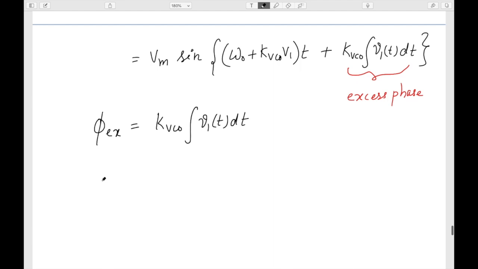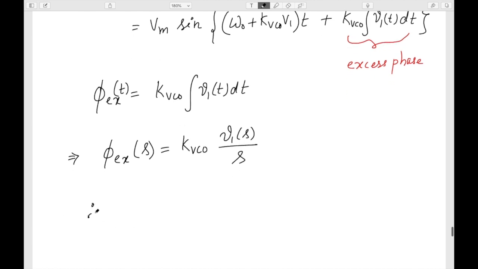If I convert it into the S domain, the excess phase is also changing with time, and KVCO is a constant, and the integration becomes 1 by S. Therefore the excess phase that the VCO generates because of the change in its control voltage is given by KVCO by S. This is a very important expression.